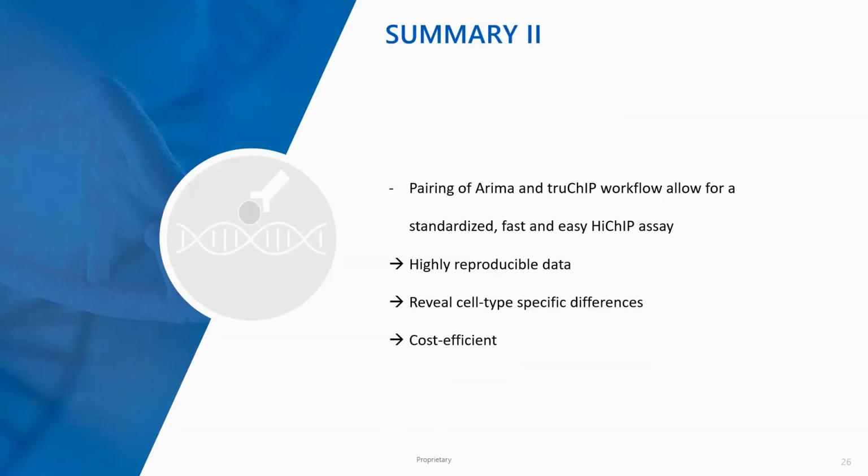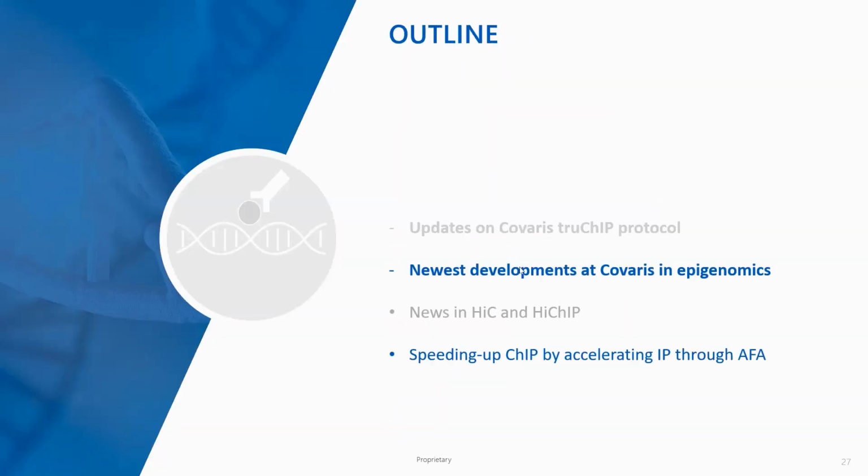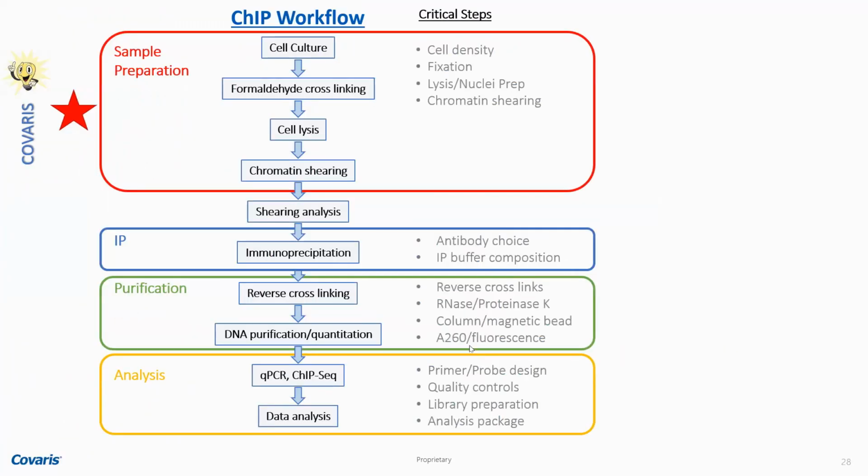The second part of my talk is where I would like to tell you how we are speeding up ChIP by accelerating the IP with AFA. So what does that mean? I told you in the very beginning of my talk that Covaris helps you in getting a standardized sample preparation step, to give you the best starting material for your downstream analysis.